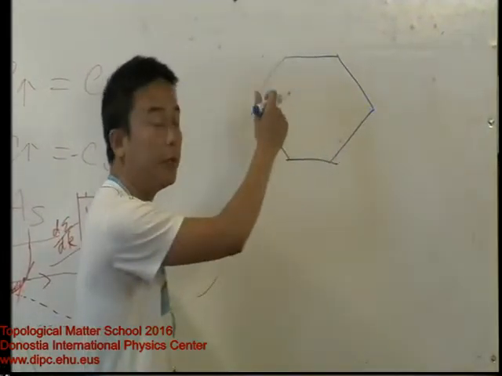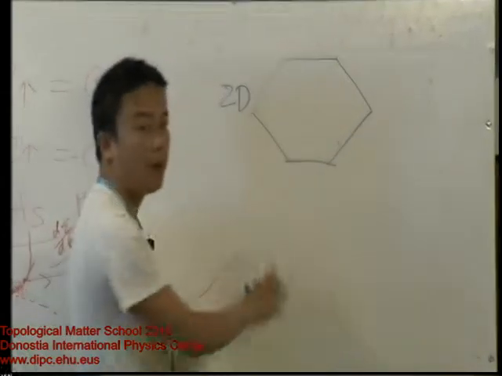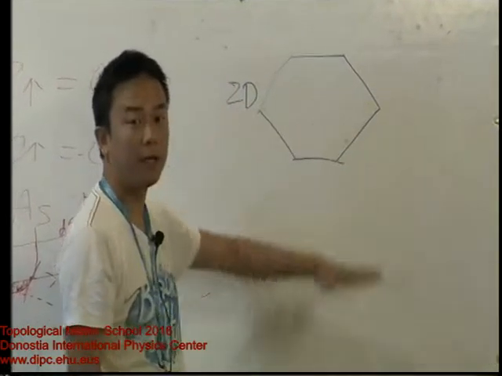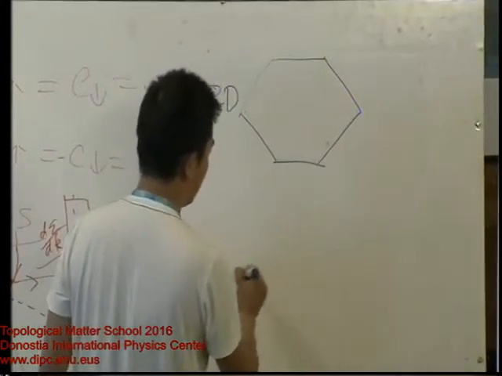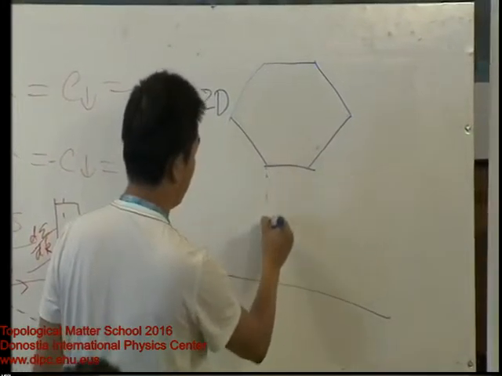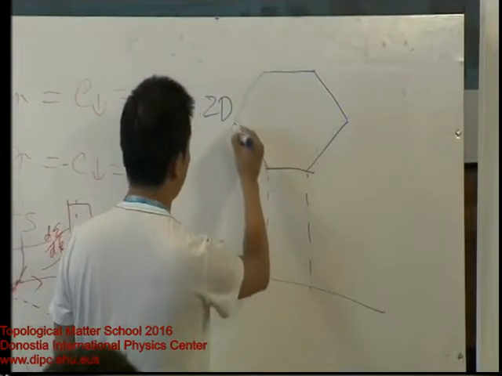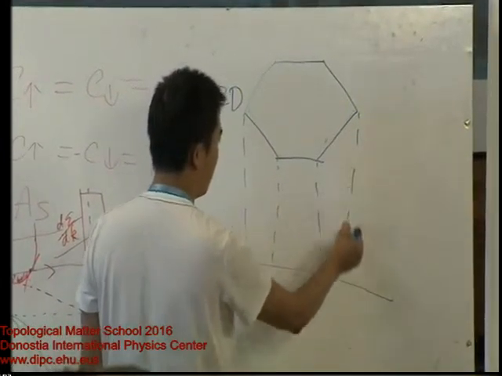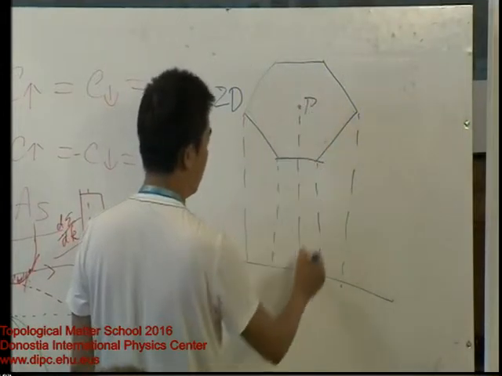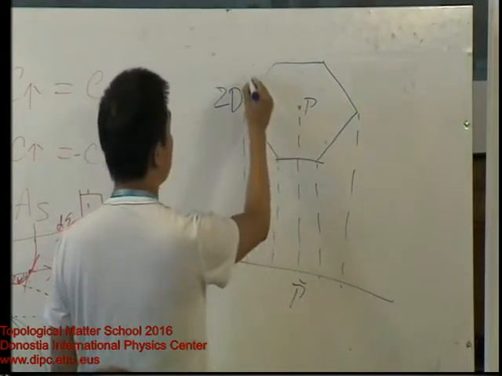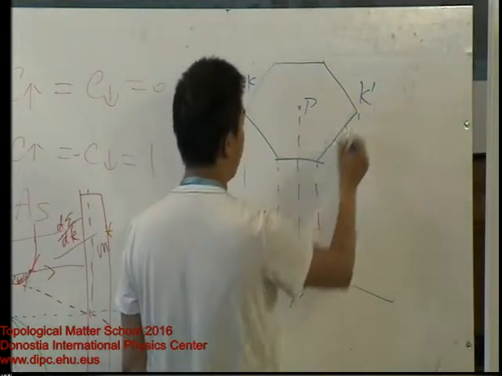Here, this is a 2D case. If you want to project to the 1D direction, suppose to this direction, all that. If you project to this, they just go here. Like this is gamma, gamma goes to gamma. And this is chi, suppose this is chi prime.